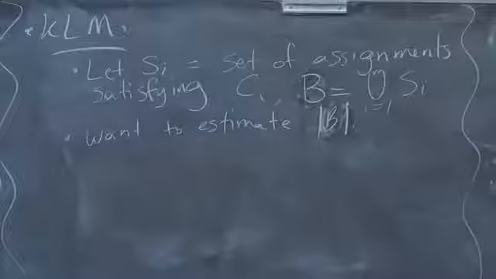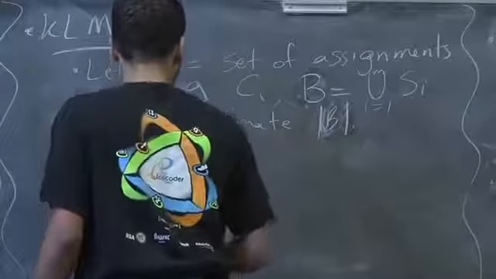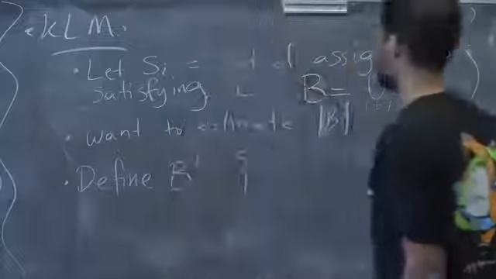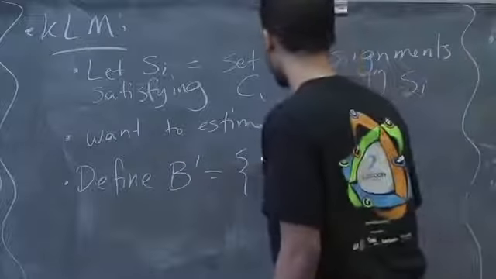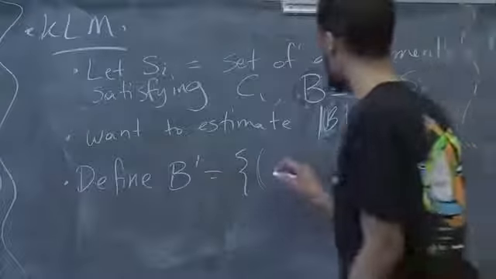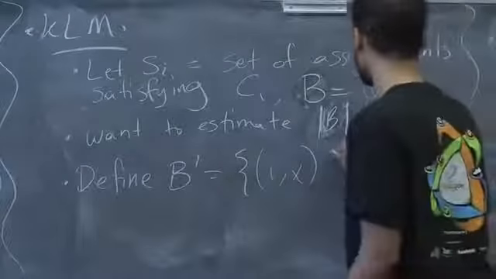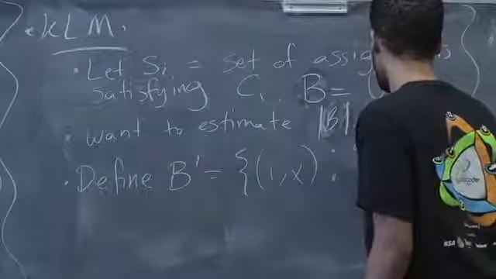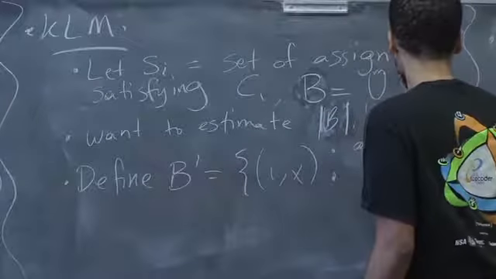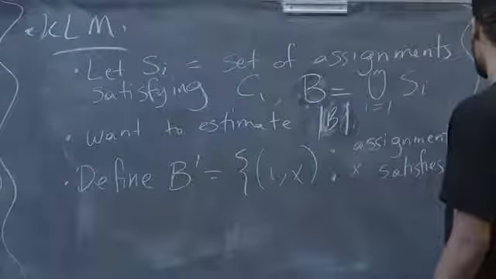Okay. Now, define B prime to be the set of all pairs (i, x) such that assignment x satisfies clause i.